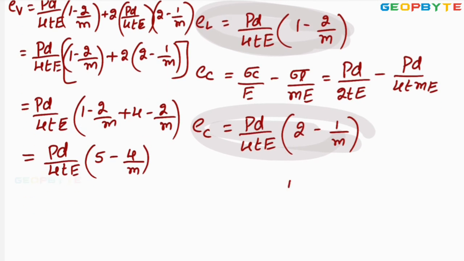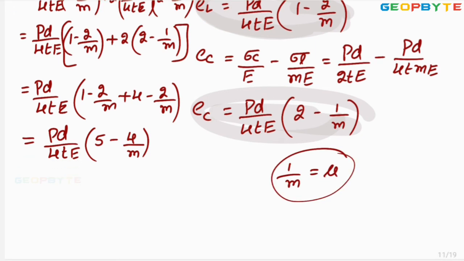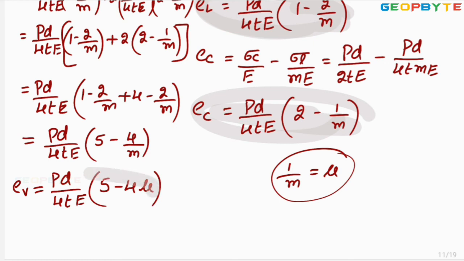But here 1 by m equal to Poisson's ratio can also be written as mu. It can be also written as volumetric strain equal to PD by 4TE into 5 minus 4 times mu. So this is the volumetric strain.